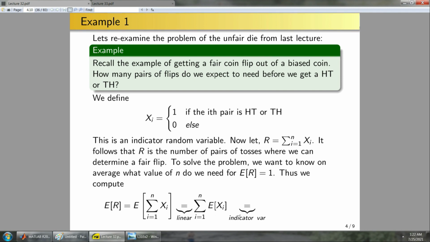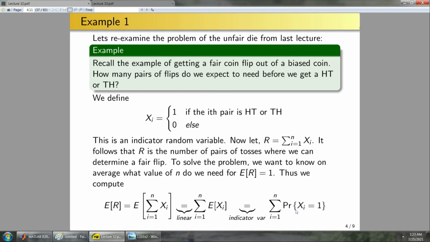So now I kind of have a hint here: indicator variable. These X_i's are indicator variables, and previously I introduced a theorem of how I can compute the expected value of indicator variables rather quickly. In particular, the expected value of an indicator variable is the probability that the indicator variable is equal to 1. So from here, this finite sum simply simplifies to this expression.